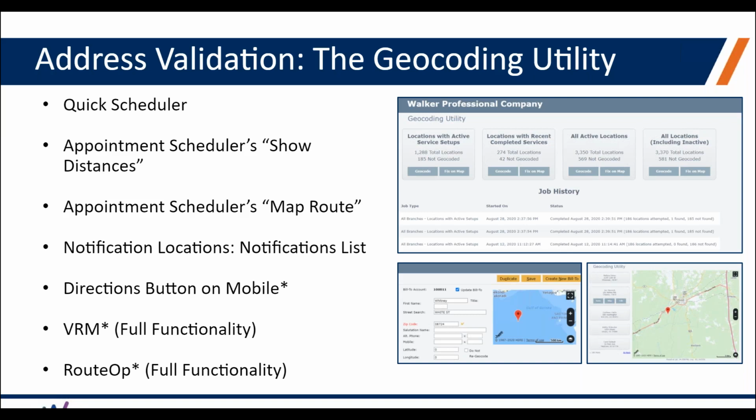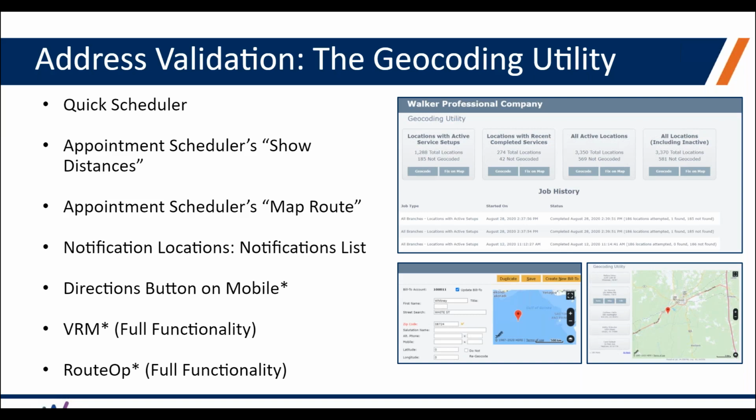And honestly, from Katie and I working with this a lot, between helping customers with VRM or Route Op module onboardings, when you work from the left box down across, one, you're going in order of importance, but two, as you move along, it's going to dwindle down the numbers in the upcoming boxes. So all active locations would include locations with active service setups.